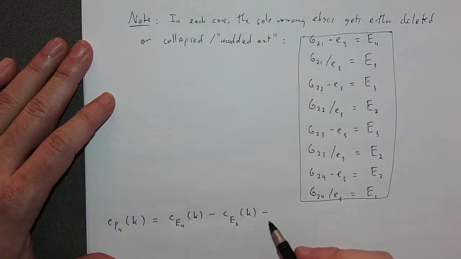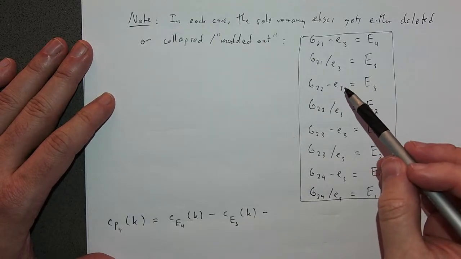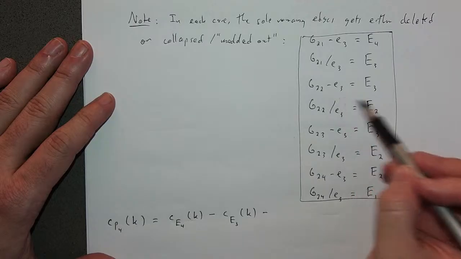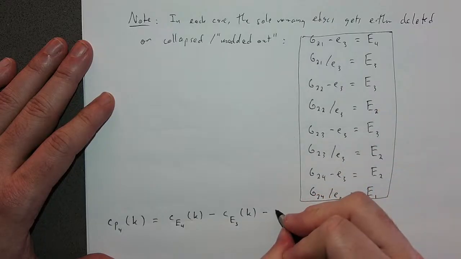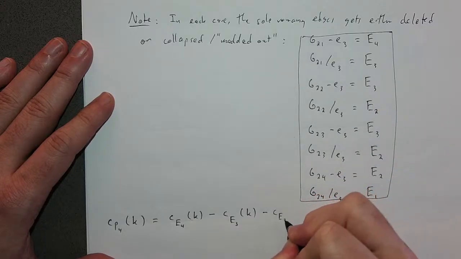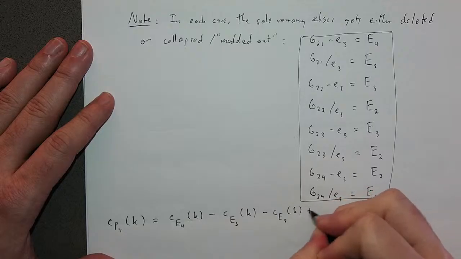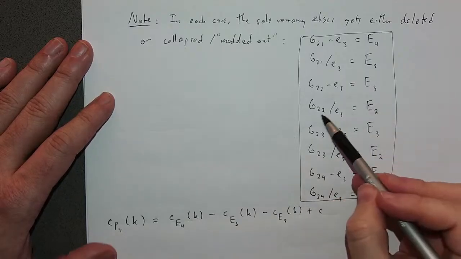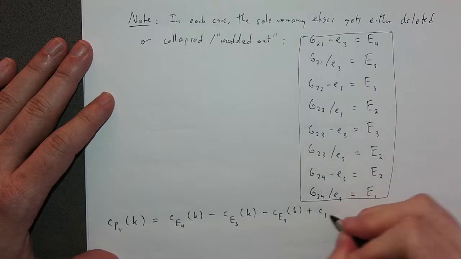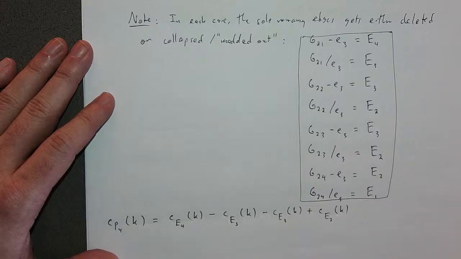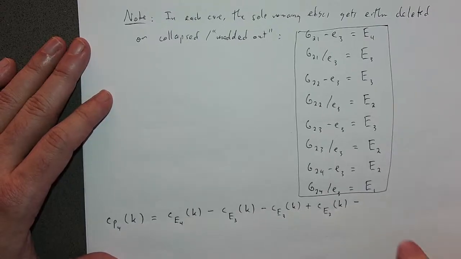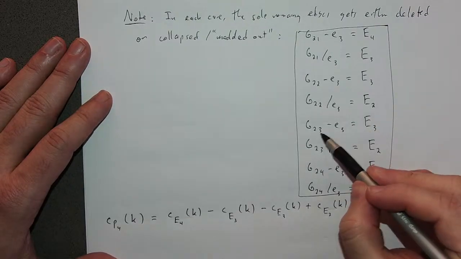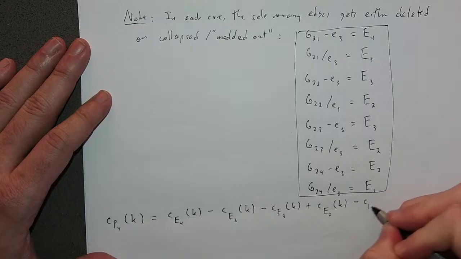Now, again, this is minus plus, so it's minus, because the minus sign is distributed here. The number of colorings using K colors on G22 minus E3, but that is the empty graph on three vertices. Plus the number of colorings on G22 mod E3, which is the empty graph on two vertices. Minus the number of colorings on G23 minus E3, which is the empty graph on three vertices.